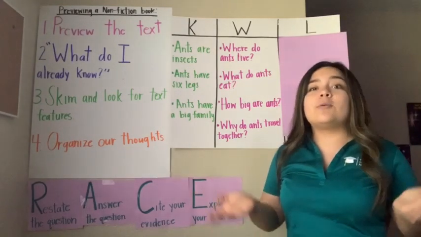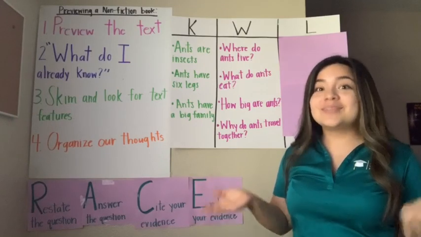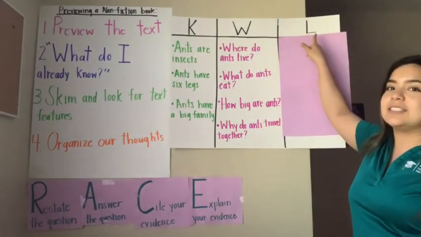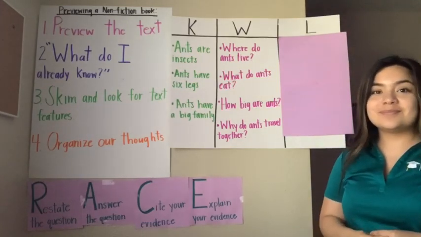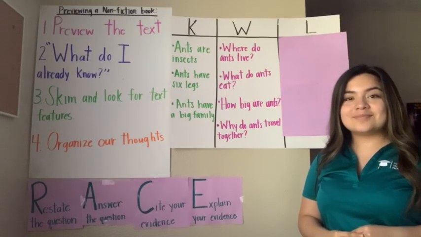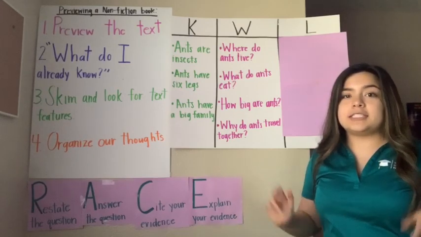Yeah, it stands for what we want to know. And then our last part, what does the L stand for in our chart? Yeah, it stands for what we learned.